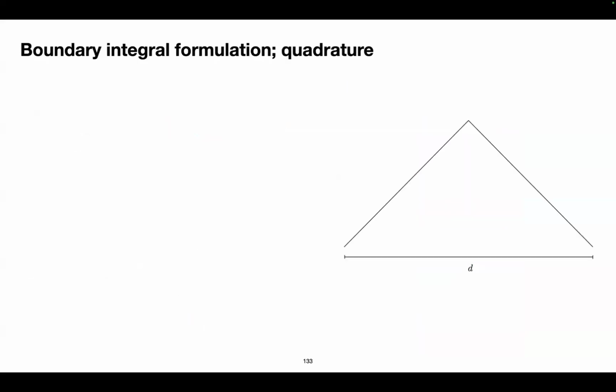Okay, but the hard part is, how do I turn the integrals into sums? That I do by picking quadrature nodes and quadrature weights. Quadrature just means numerical integration. Well, the issue is that that integral is actually singular, right at the corner of the surface, so like at the tip of the stairs.